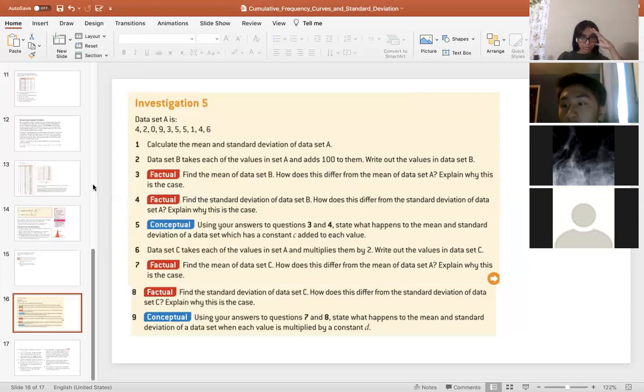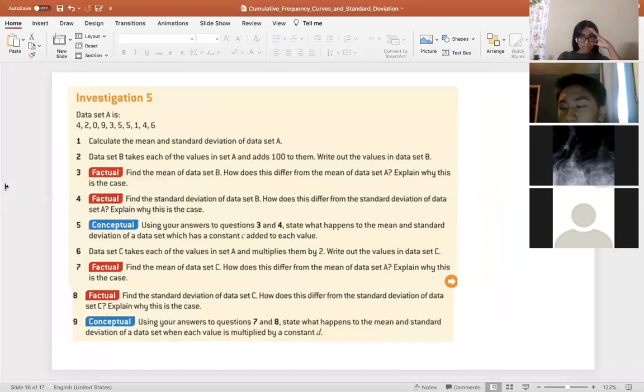Okay, so find the mean of data set B. So let's do that real quick. With questions like these, I don't clear my L1. I just go into L2 and do the same thing. I feel like it's better that way, so you can see the numbers that you're changing from.